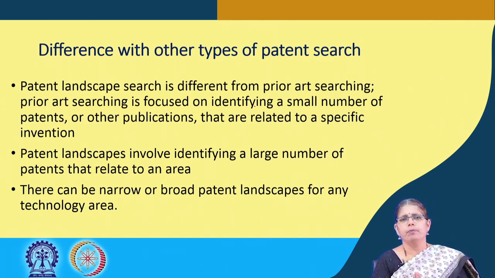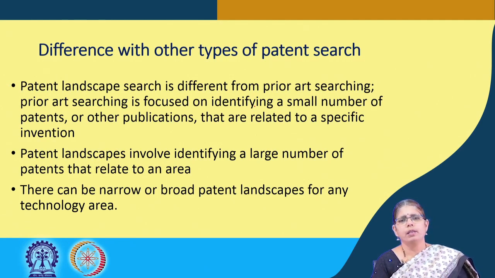Patent landscapes are different from other types of patent searches, particularly if one is looking at a patentability search. The view of prior art is very narrow, whereas patent landscapes are state of the art searches, so a whole lot of information has to be looked at.